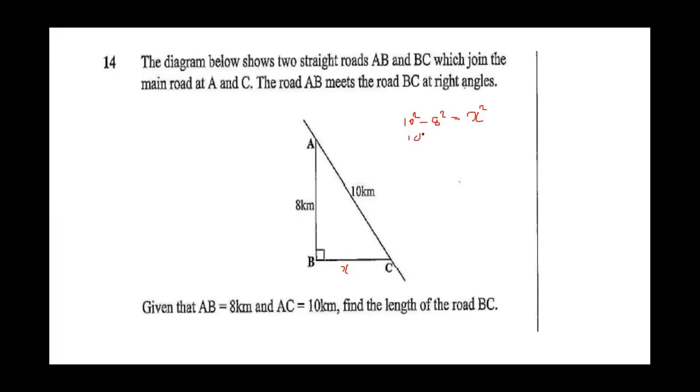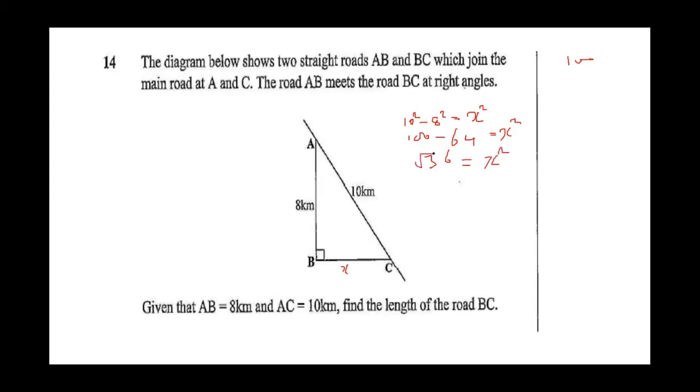So this one is definitely 100 minus 64, which is equal to x squared. 100 minus 64 is 36. So 36 is equal to x squared.